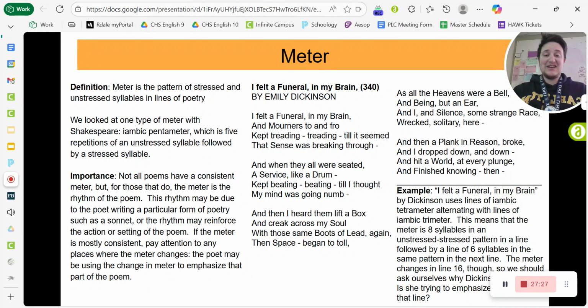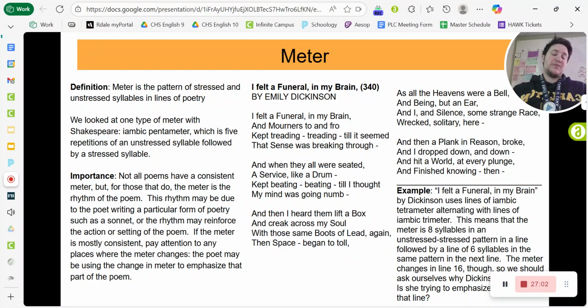It's one of his favorite lines. To go for Romeo and Juliet, the prologue starts, two households both alike in dignity, in fair Verona where we lay our scene. Now, of course, no one would ever say it like that. I'm overemphasizing the meter, but you can hear there's a pattern, there's a rhythm to it.